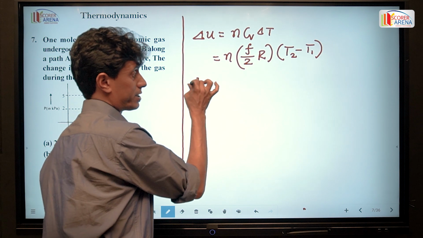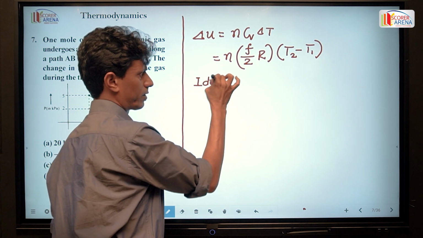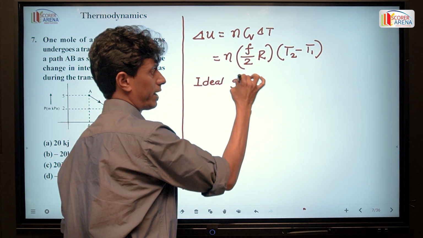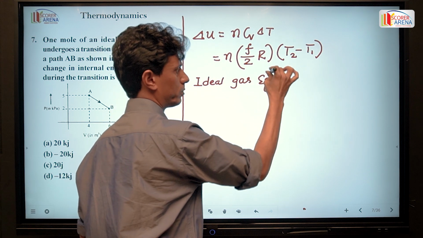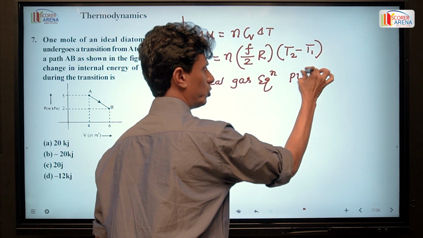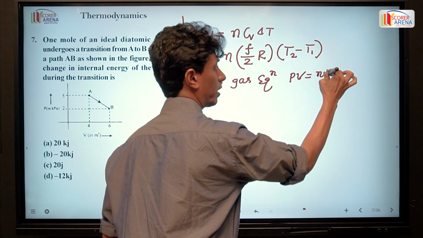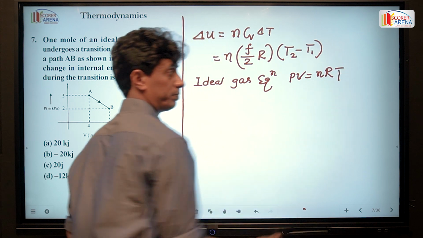In the ideal gas equation, PV is equal to nRT.